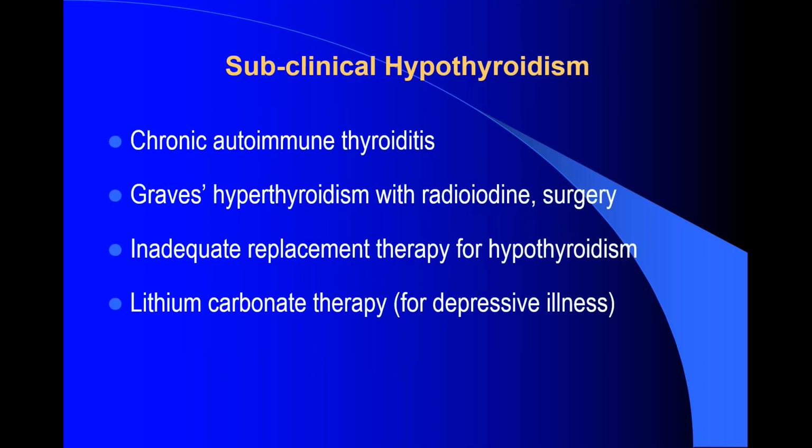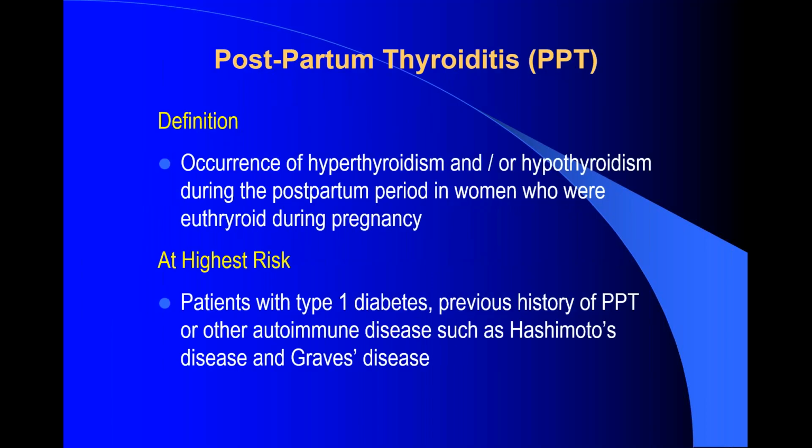Then special situations that can be asked from you as special notes, like subclinical hypothyroidism. You just read from books. Then the condition of postpartum thyroiditis, which is the occurrence of hyper or hypo during the postpartum period when the patient was euthyroid during pregnancy. So who are the patients at higher risk?